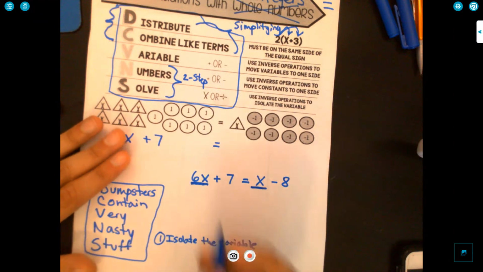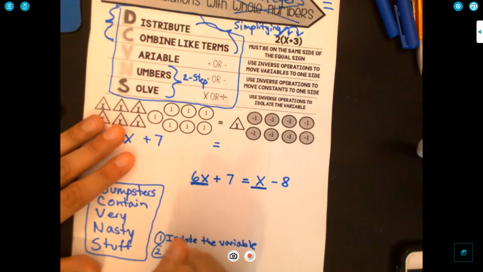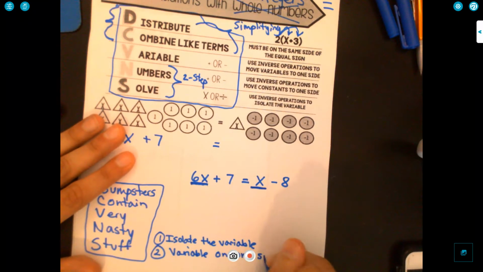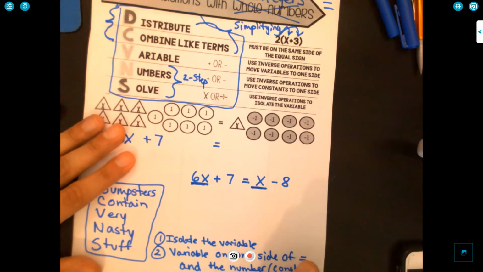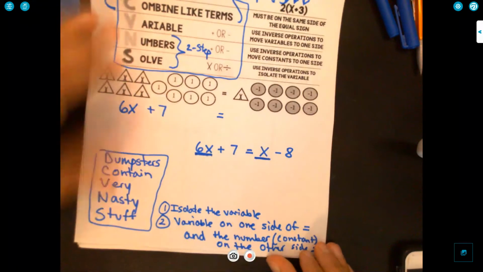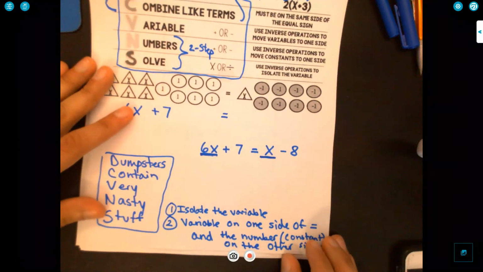And of course, before that, our goal is we need to get the variable on one side of the equal sign and the number, which is also called the constant, on the other side of the equal sign. Let's move up a little bit. So we need to isolate the variable, get x equal to something.